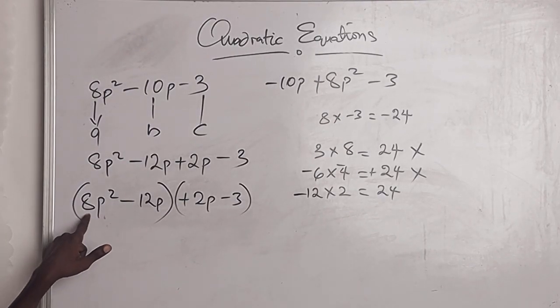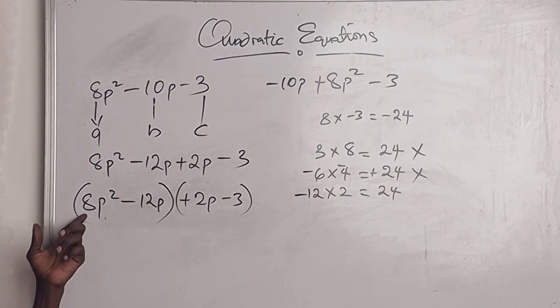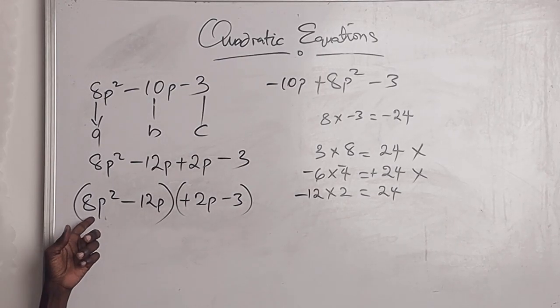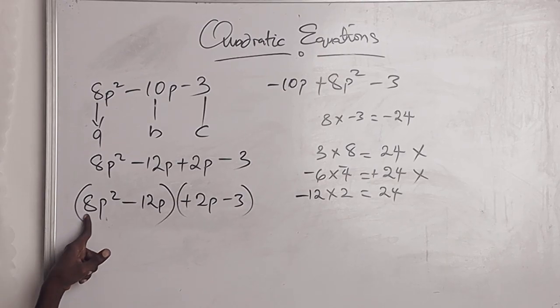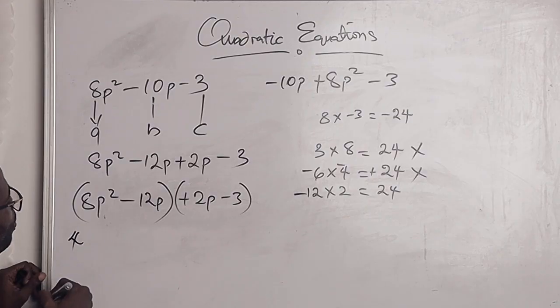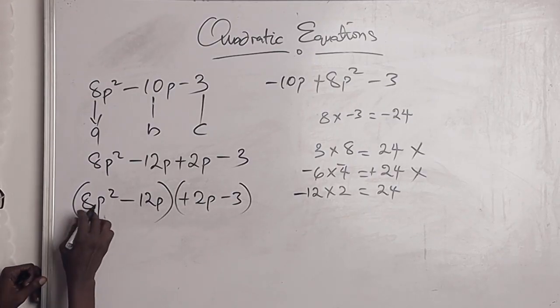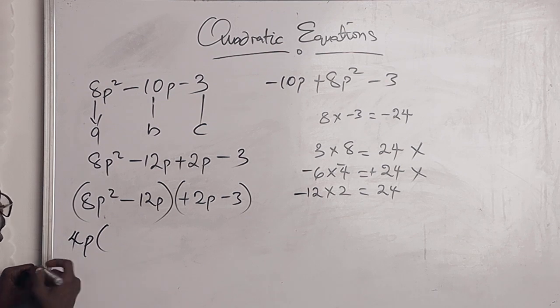What will go in 8p squared and in 12p? 2 can go, but 4 can go. If you bring out 4, we have p on both sides, we have 4p, okay? How many 4p in 8p squared?